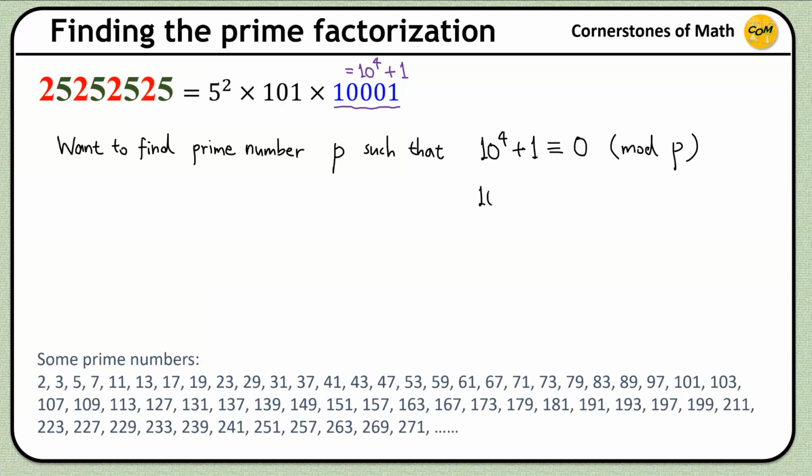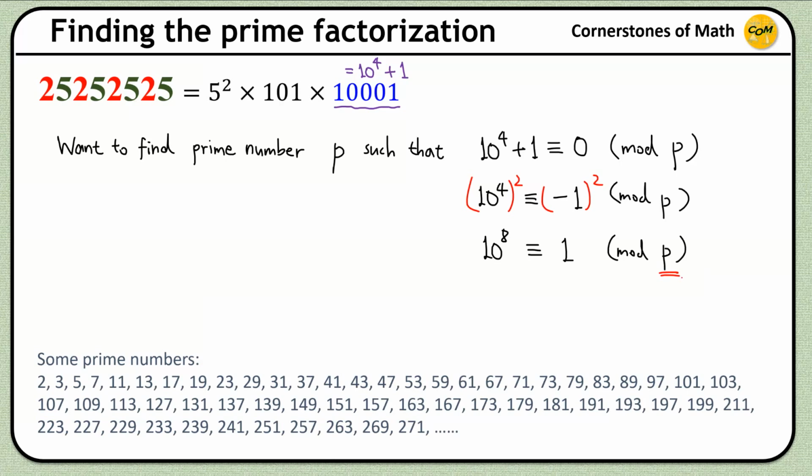This can be written as 10 to the 4th power is congruent to negative 1 mod p. We can square both sides, which is one of the most basic properties of modular arithmetic. This gives 10 to the 8th power is congruent to 1 modulo p. So we obtain the equivalent task, which is finding the prime number p such that if we divide 10 to the power of 8 by p, we obtain the remainder 1.